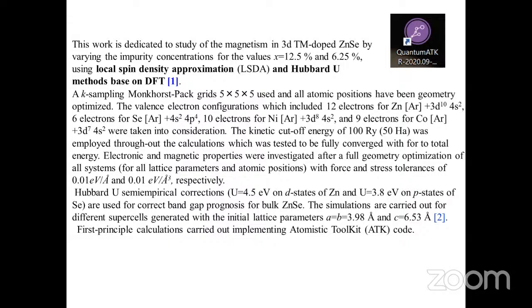How about obtaining the more correct band gap structure? We use Hubbard-U semi-empirical corrections for the U parameter: 4.5 electron volt for d states of zinc and 3.8 electron volt for p states of the selenium atom.